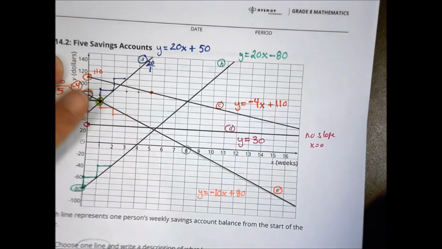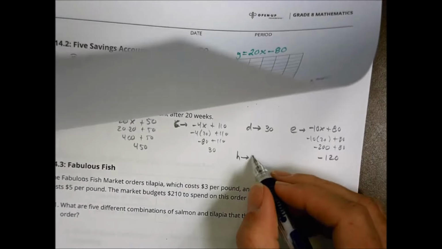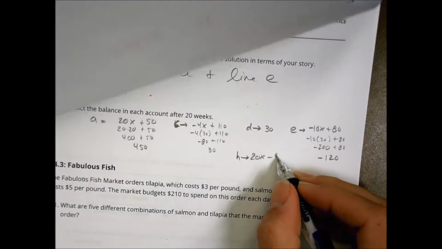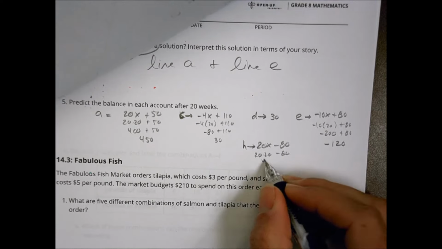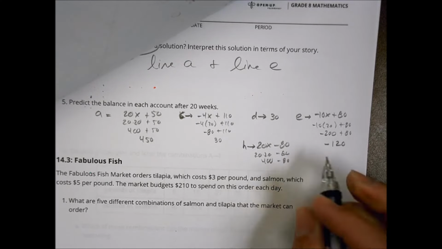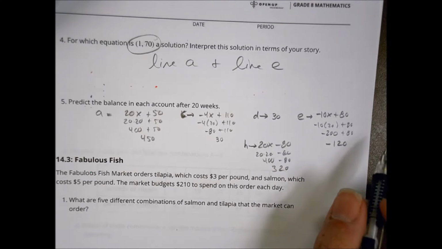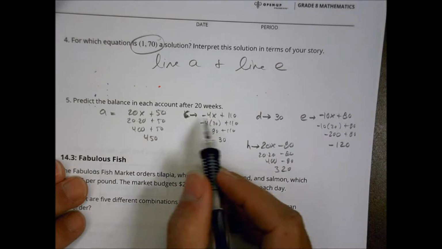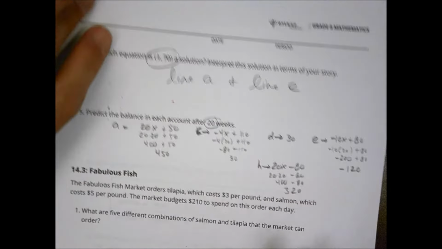And finally our last one is H. The equation for H is 20x minus 80. So we do 20 times 20 minus 80, which is 400 minus 80, which is 320 for H. So we just have to use the equations that we came up with before and plug the value 20 into the X spot there. Okay, let's move on to the next section here.